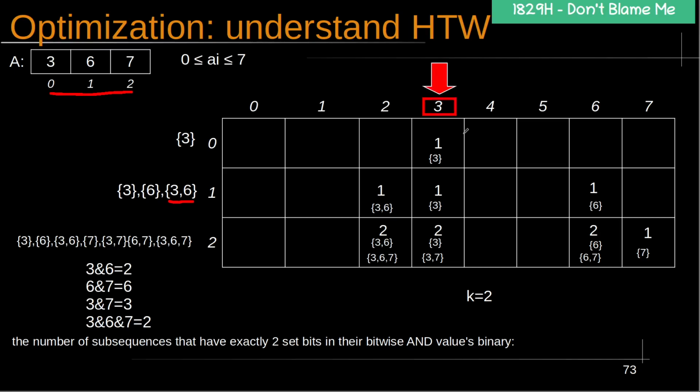We have to check in this last row, from 0 to 7, which results have k set bits, which is 2 set bits, which are 3 and 6. So we take these values at the end of the last row, 2 and 2. So the final result is equal to 2 plus 2, which is 4. Okay.